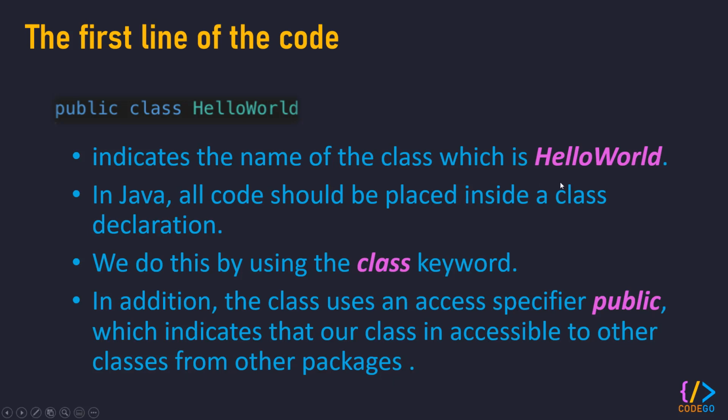So what this means is that HelloWorld is the name of the class which we created. In other words, HelloWorld is the name of our class, right? When we create a new project in Java, it asks us what the class or project name will be.